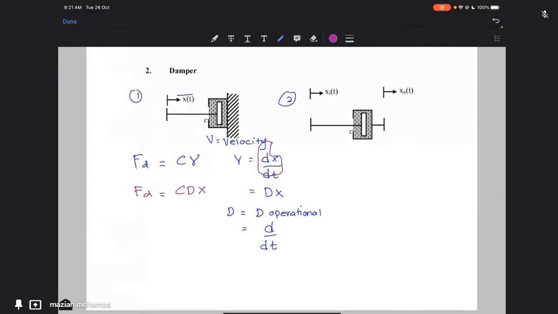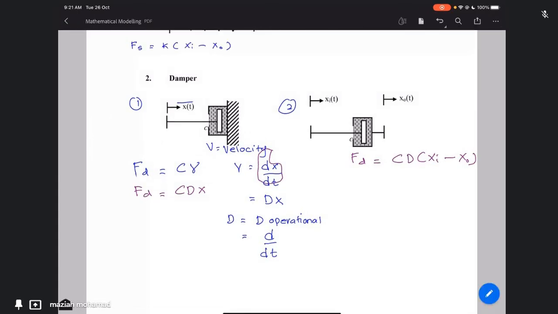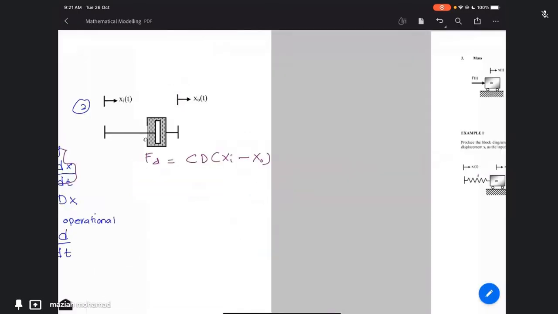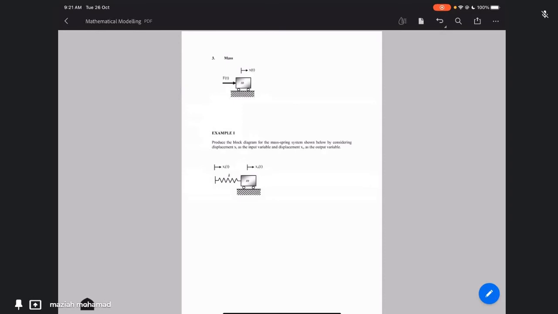So the equation becomes F_D, the damper force, equal to C D (xi minus x naught), same as the spring just now. The equation for the damper differs depending on whether one end or both ends have displacement.